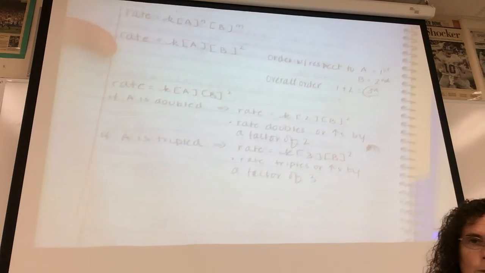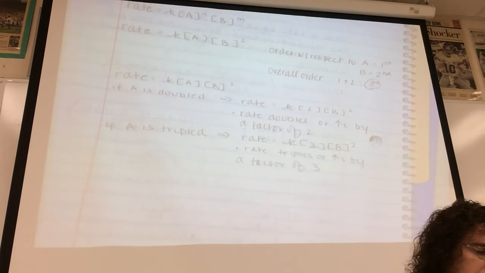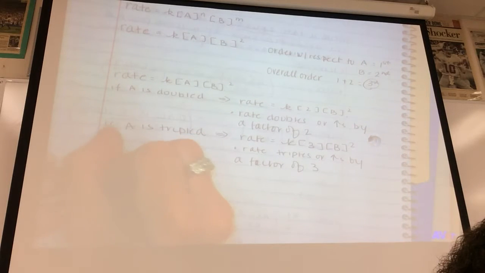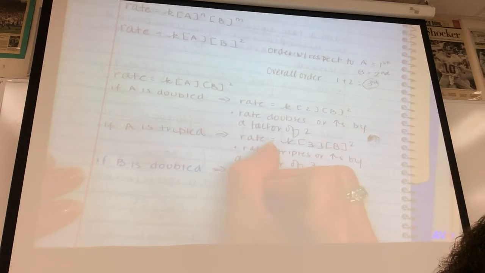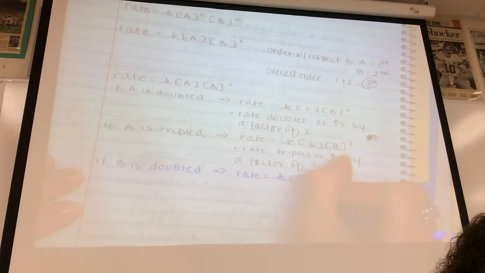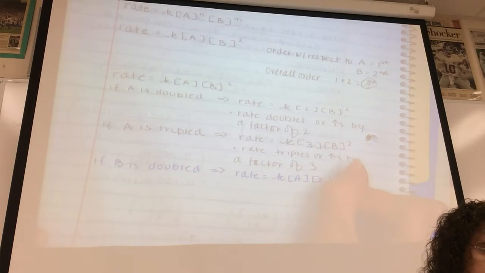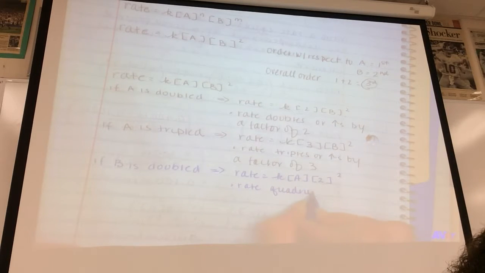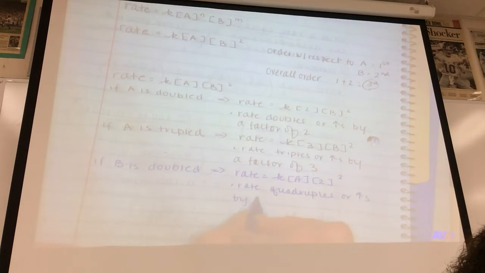Now, we're going to leave A alone. Nothing's going to happen to A. And let's say if B is doubled, we're going to put a 2 where B is, and the rate quadruples. Increases by a factor of 4.